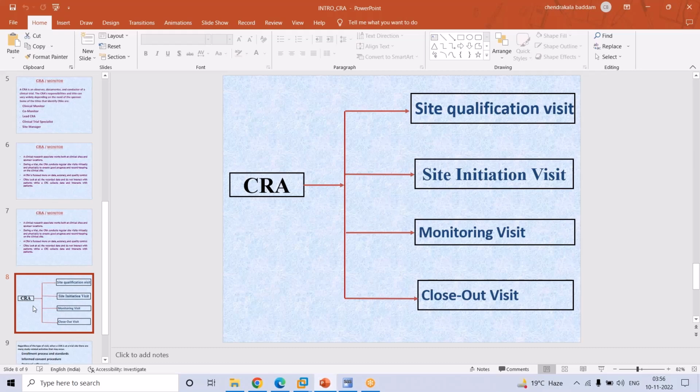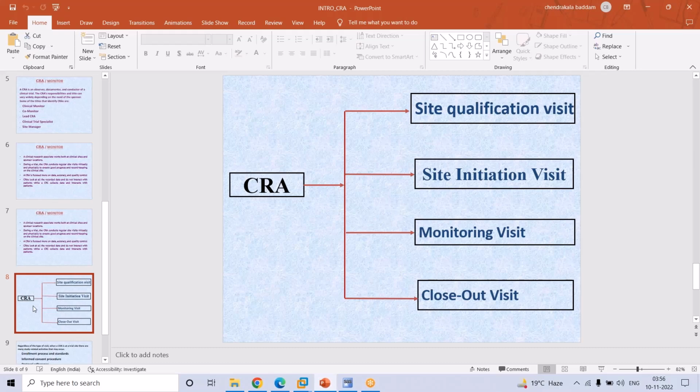They plan and they visit the site at different intervals to monitor the ongoing study. So it is monitoring visit, periodic monitoring visit. At the end of the study, they perform the closeout visit.